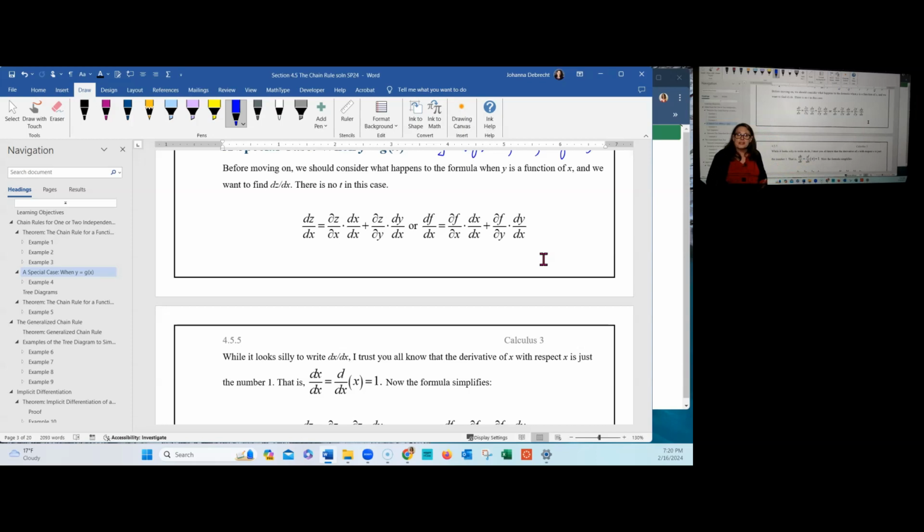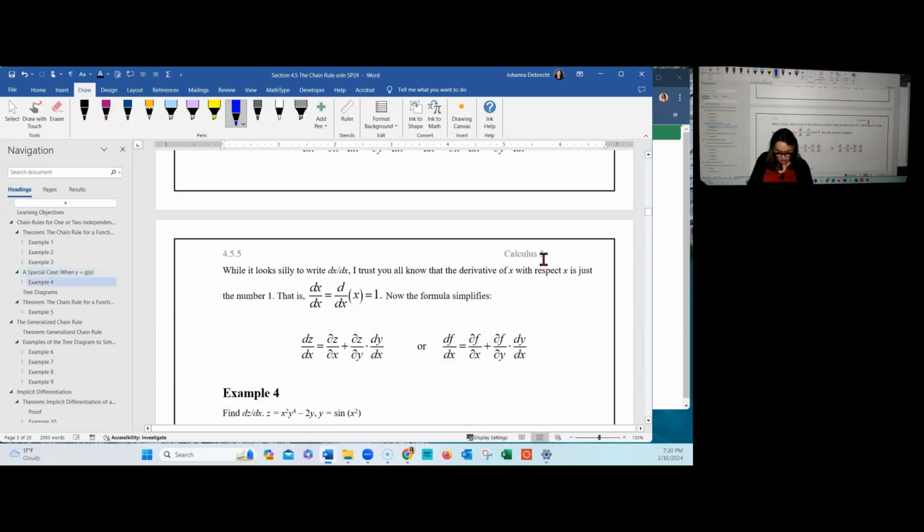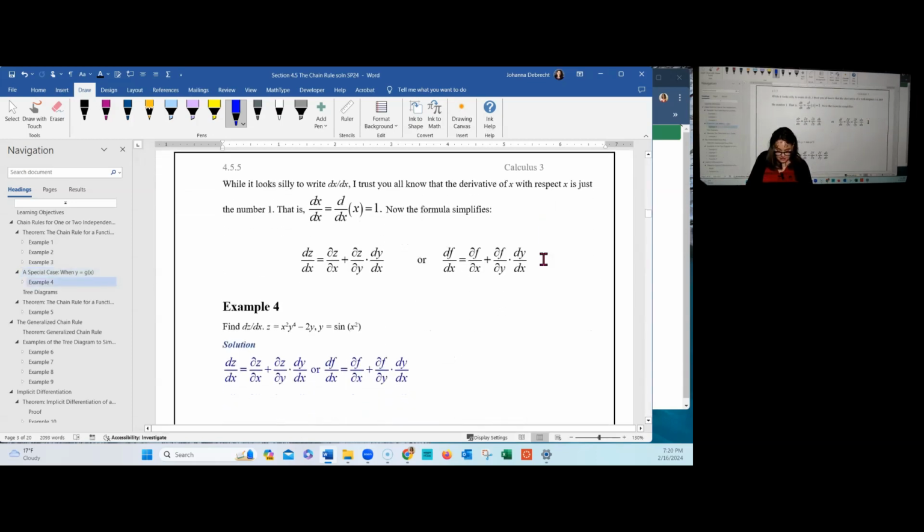So again, this meets our expectations that dx dx would in fact be 1, and it is. Since it does, then the formula simplifies to give us the following. The partial of z with respect to x, and again, dx dx is 1, so we don't write it. The partial of z with respect to y times dy with respect to x.